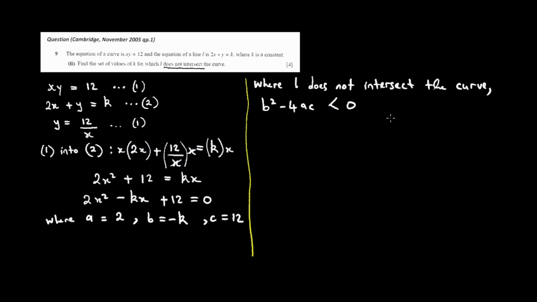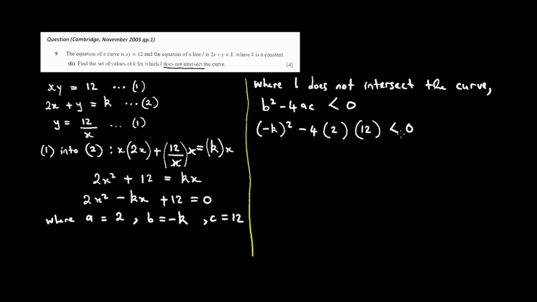And I bet you understand this. Then what is b? Minus k, squared, minus 4. What is a? a is 2. What is c? c is 12. This is less than 0.